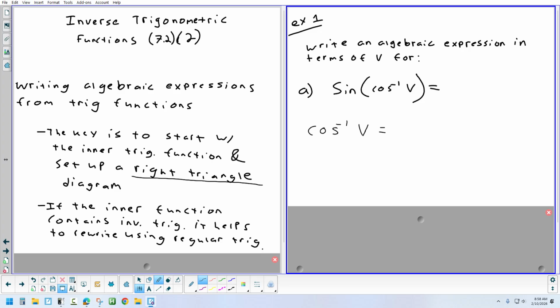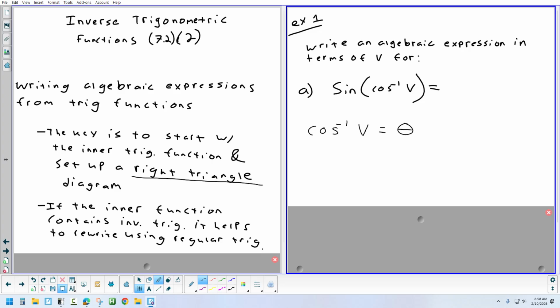No, because I don't know the number I'm plugging in to get the answer to the inverse cosine. So I don't know what angle it represents, but it is going to represent some angle. How do we generally represent angles that we don't know? With a Greek letter. So when you do the inverse cosine, again, I don't know what v is, but if I did, when I plug it in, it's going to give me some angle. So the inverse cosine of v will equal an angle. What angle? I don't know.